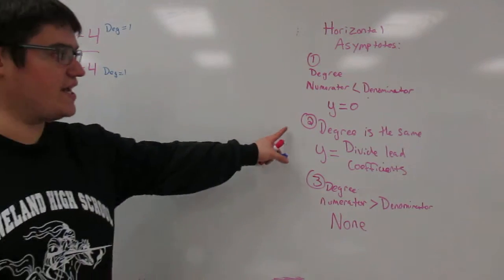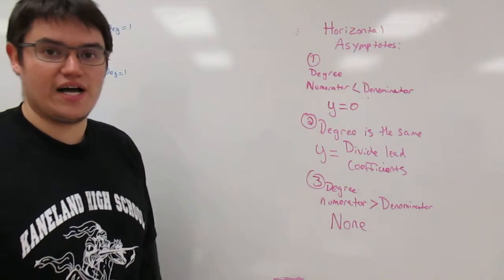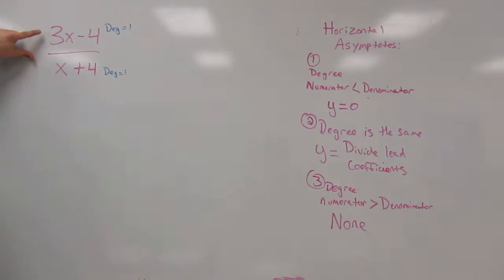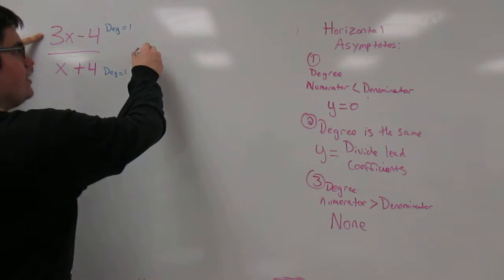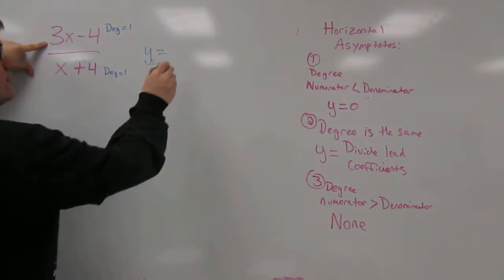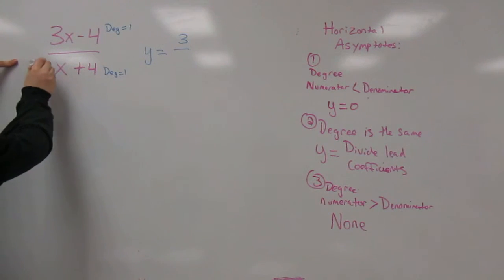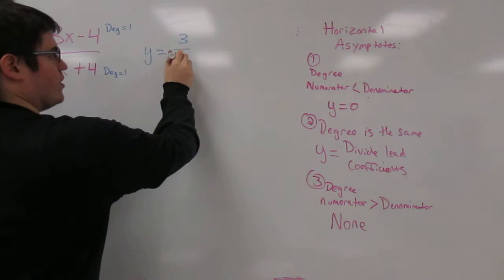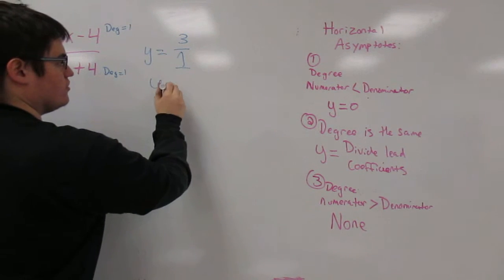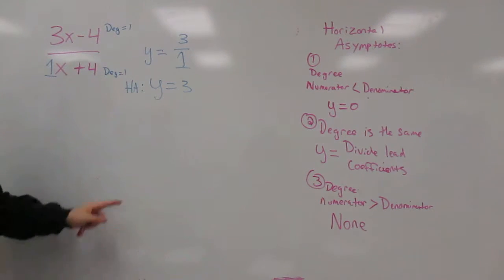Now this is the second case where the degrees are the same, so our horizontal asymptote is when we divide the lead coefficients. So y equals, the lead coefficient here is 3, divided by the lead coefficient here, there is a 1, so 3 over 1, so our horizontal asymptote is y equals 3.